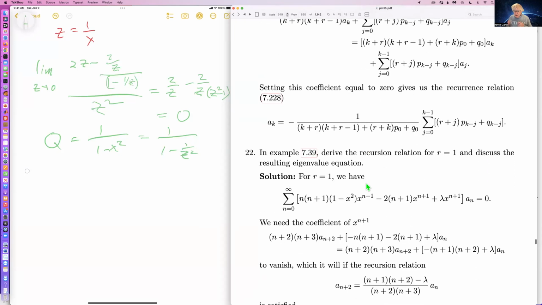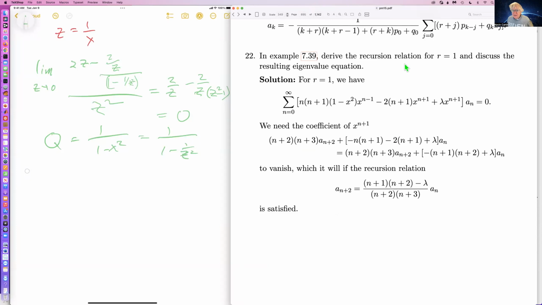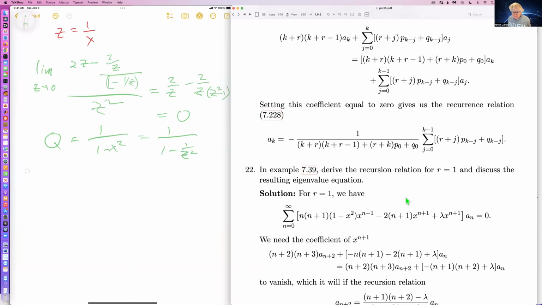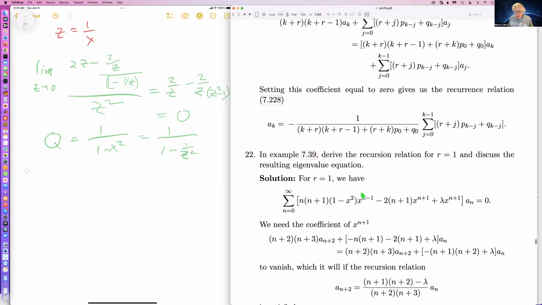Now, this is kind of complicated to see. You have to think about it a lot. So let's look at a much simpler case, namely the case where you have just 1 as the initial r, r equal to 1, and instead of a rather complicated equation here, we just have example 7, it was 7.39, yes, 7.39, and that's actually Legendre's equation.